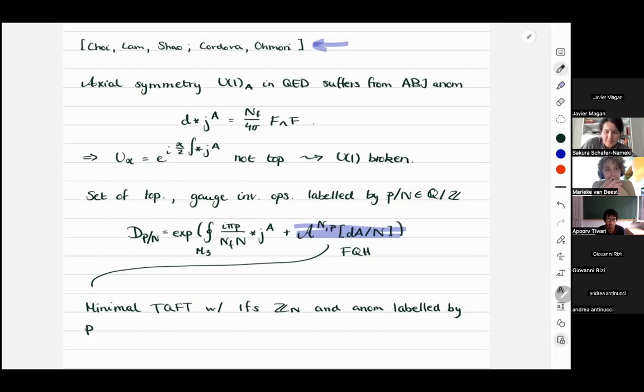And in the articles, they motivate the construction of these non-invertible operators because they say that these topological operators constructed with the modified current are not gauge invariant. But they are not gauge invariant only under large gauge transformations, because the current is conserved.